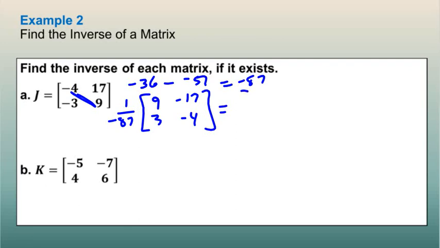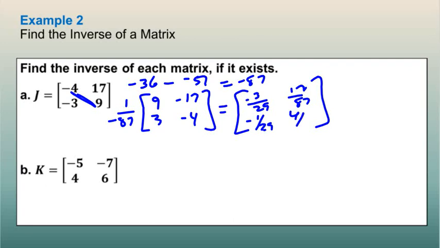That gives us a negative 3 over 29. We have negative 1 over 87 times negative 17. That gives us 17 over 87. Negative 1 over 87 times 3 gives us negative 1 over 29. And we have negative 1 over 87 times negative 4. That gives us 4 over 87.